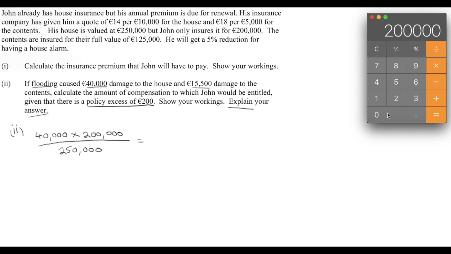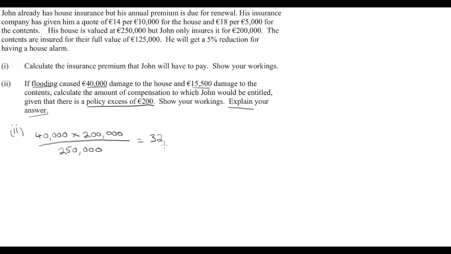That gives us a huge number. We immediately click divide, and we divide it by 250,000. That will give us 32,000 euros. So even though the damage was 40,000, John is only going to get 32,000 because he underinsured his house.